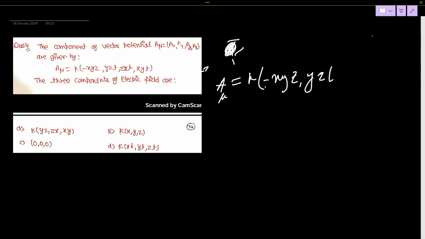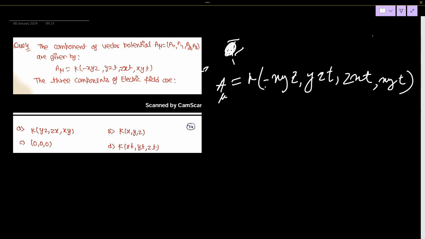I'm sorry, I'm reading a bit slow because that pen is just a bit not working today. zxt minus xyt. Okay, minus xyz, sorry, zyt, zxt and xyt, right?